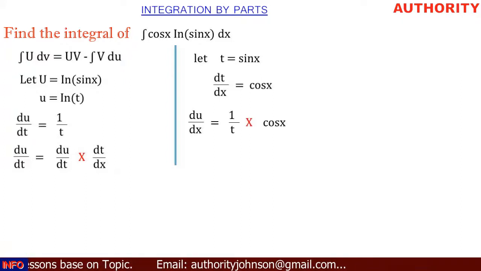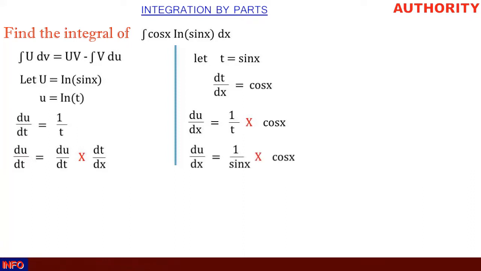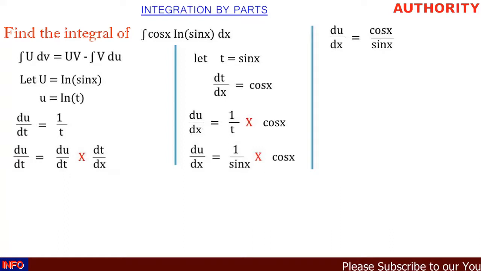Here du over dt is equal to 1 over t, times dt over dx, which is cos x. But you remember that t is equal to sin x. Let's replace it back. We have 1 over sin x times cos x. So therefore, du over dx is equal to cos x over sin x.